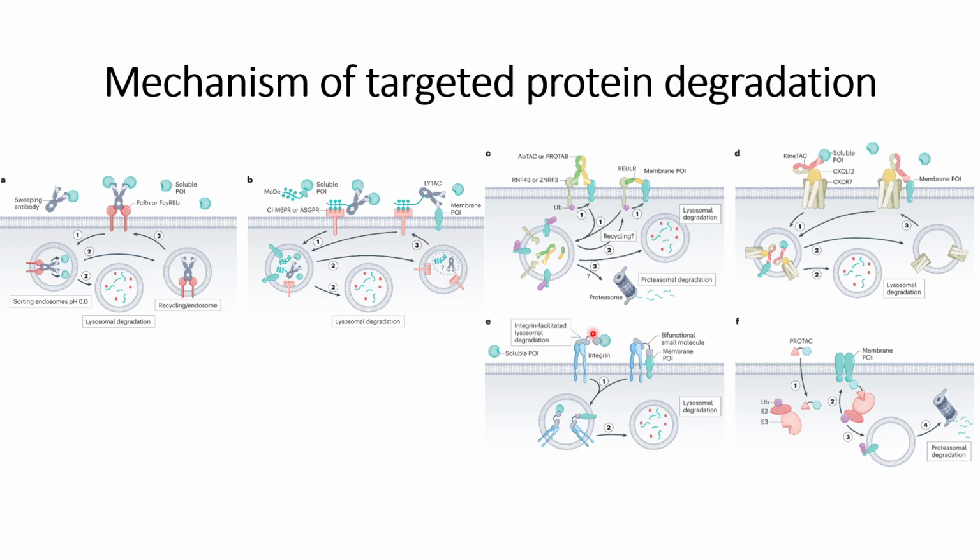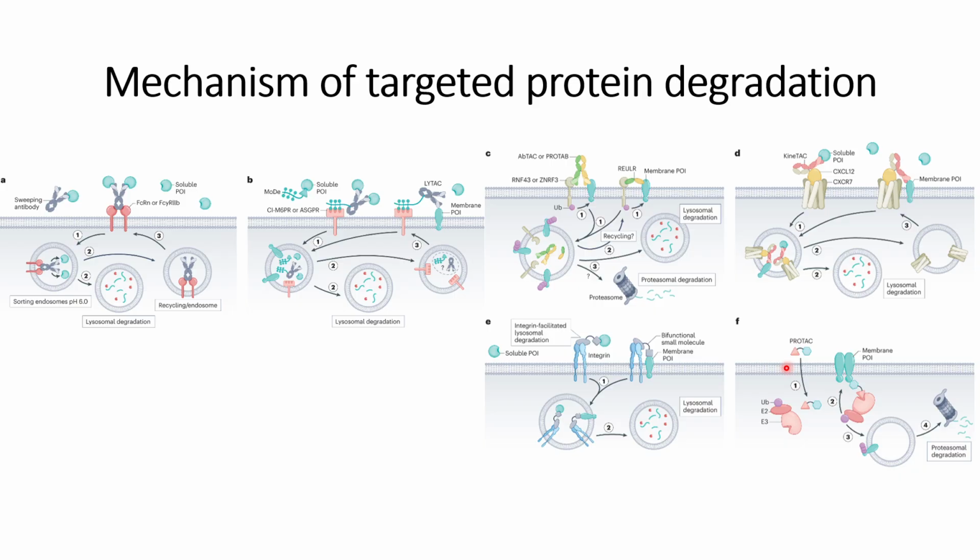So this is basically a bifunctional molecule, where one end is specific to the targeted protein and the other end is specific to the recycling integrins. Thereafter, through endosomal sorting, it will direct the protein of interest towards lysosomal degradation and the recycling back of the integrin receptors.